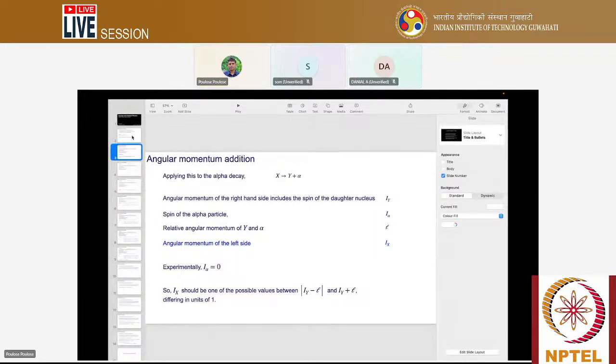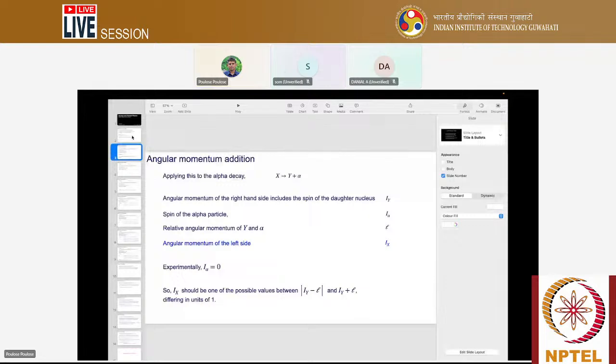It may complicate the calculation a little bit, but it is not going to give you any additional information. So for simplicity, we go to the rest frame of the particle. And in that, Ix is the only spin or angular momentum that we have in the beginning.